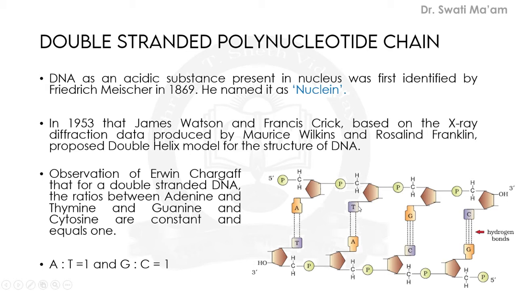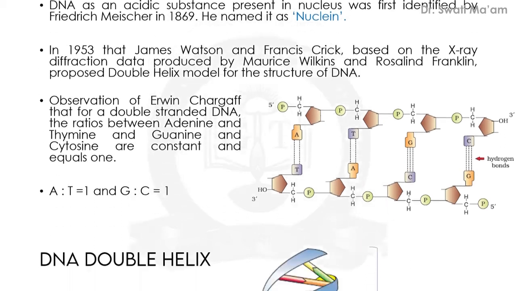It may be T with A or A with T, it's the same thing. Similarly, G with C or C with G, it's the same thing. In between them three weak hydrogen bonds are there, and in between the others two weak hydrogen bonds are formed. This is the DNA model proposed by Watson and Crick in 1953.